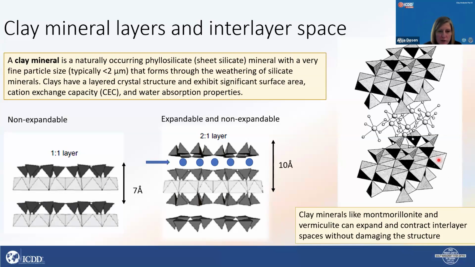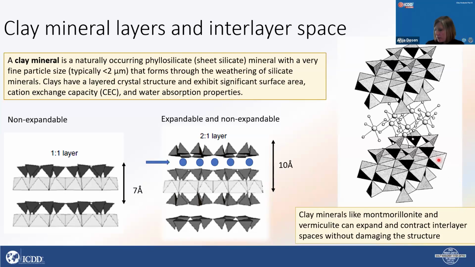So clays, as we mentioned before, are naturally occurring phyllosilicates. They're sheet-like minerals. They contain very long, elongated sheets along the basal plane, and the clay layers are stacked on top of each other. Clay minerals have a very fine particle size of less than 2 microns.